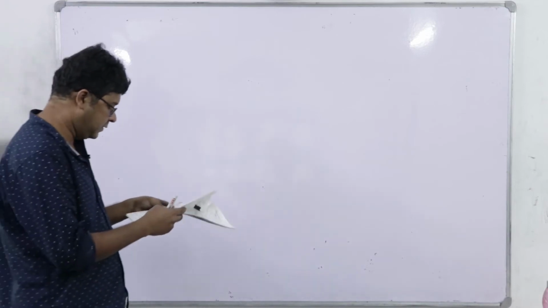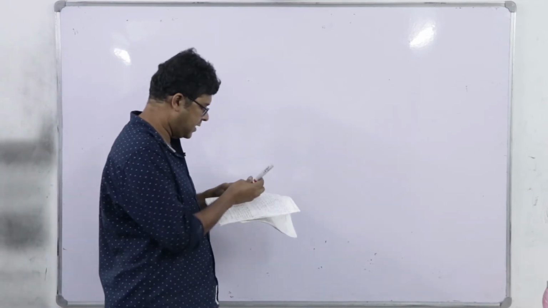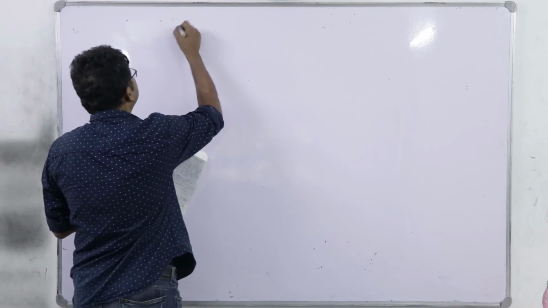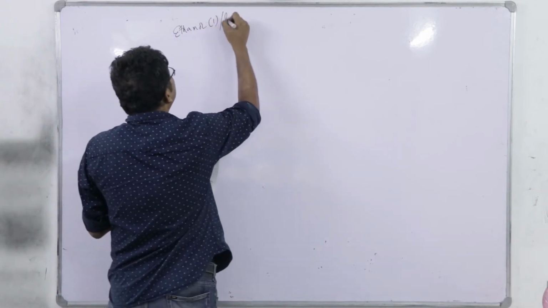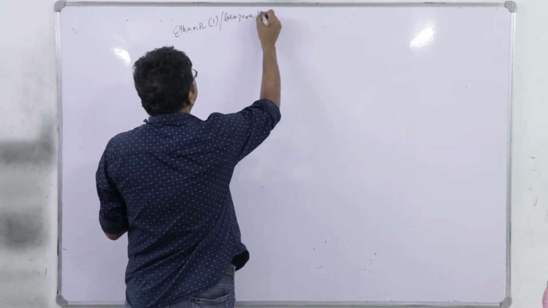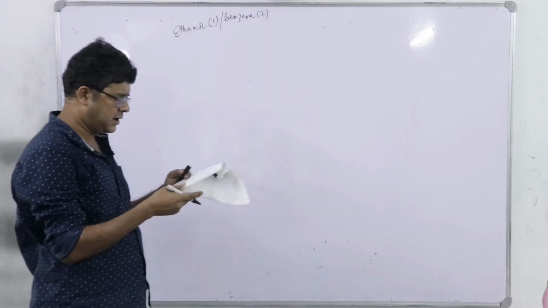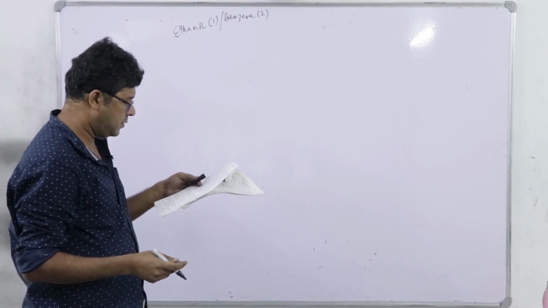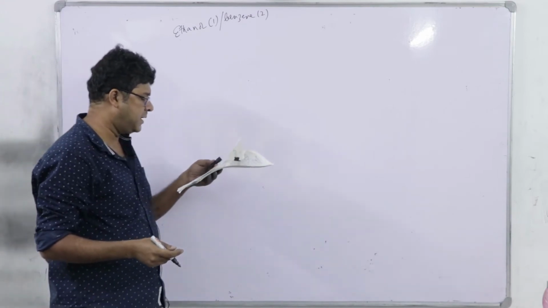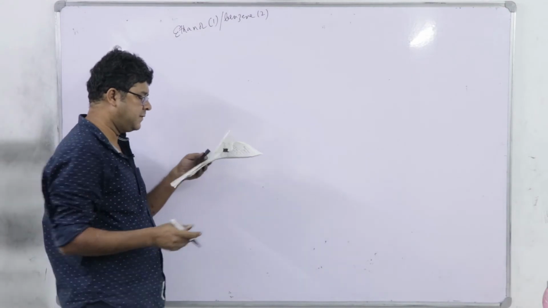Okay, let us solve this. It is not a GATE problem. Ethanol and benzene. Ethanol 1, benzene 2. Ethanol and benzene system forms an azeotrope with 44.8 mole percent of ethanol.